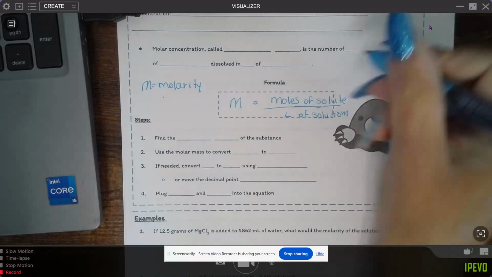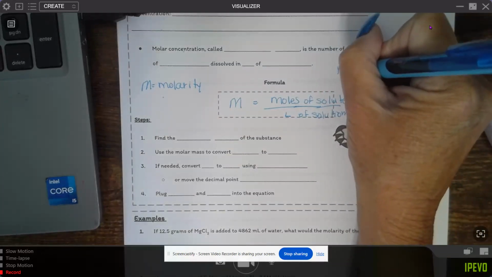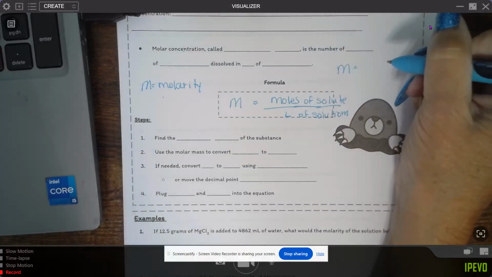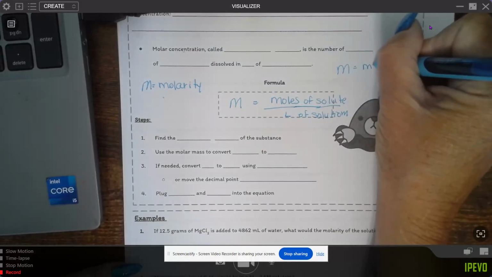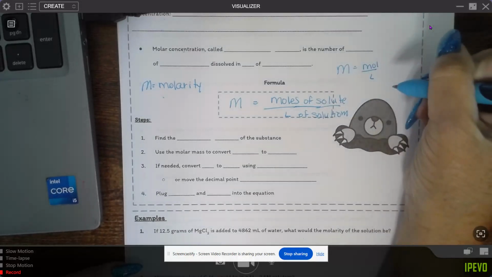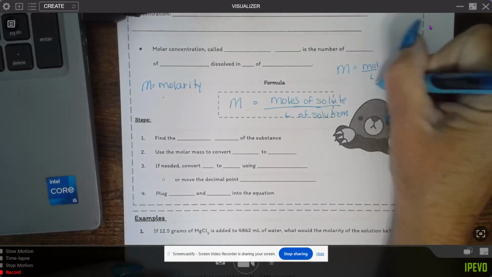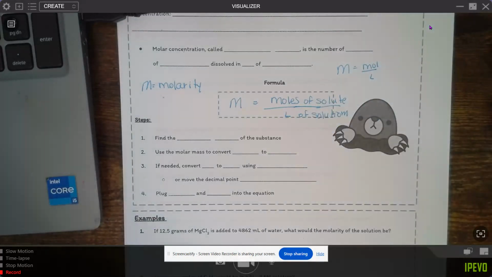So molarity, capital M, has the units of moles over liters, or we can just use a capital M to symbolize molarity.